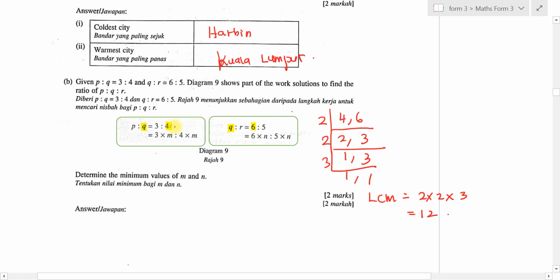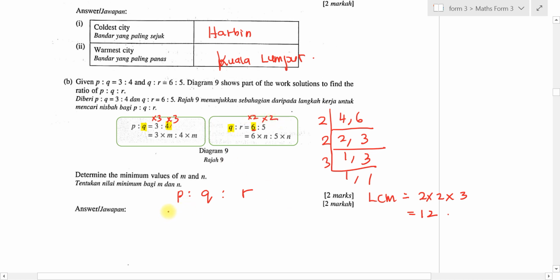Okay, so PQ, let me put it in one shot. Okay, so this 4, we want to make it 12, so you need to multiply by 3. 6, you want to become 12, you multiply by 2.